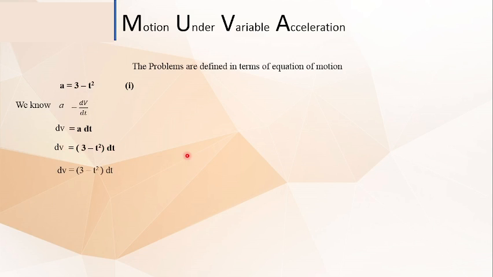Now we have to integrate it on both sides. So integration of dv is equal to integration of 3 minus t square dt. If I perform this integration, on the left hand side the integration of dv will be equal to v, and the integration of 3 minus t square will be 3t minus t cube by 3 plus c1.